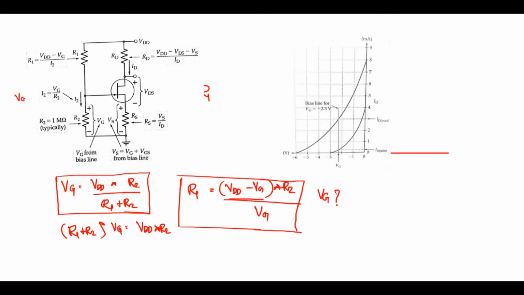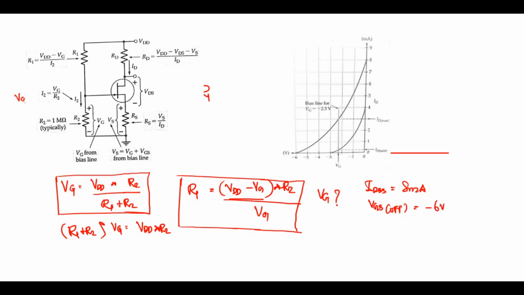As I mentioned before, we need to analyze this graph, and only then can we obtain the values. That is, IDSS is equal to 8 milliamps and VGS off is equal to minus 6 volt, which we obtained from this graph.